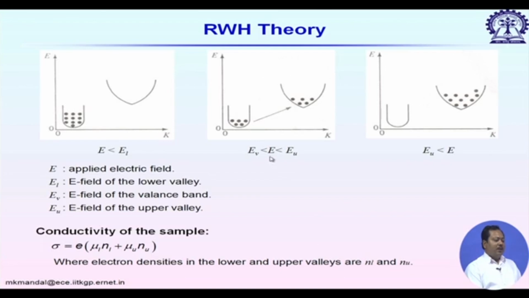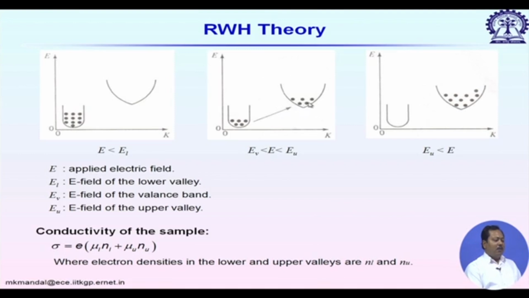Now, if we keep on increasing the electric field value, the x axis shows the kinetic energy, or the momentum k, so the kinetic energy and momentum will increase. Let us say E v is the E field of the valence band, and E u represents the E field of the upper valley, the second band. If we keep on increasing the applied electric field, its momentum will increase and some of the electrons will transit to this second band, the second valley.